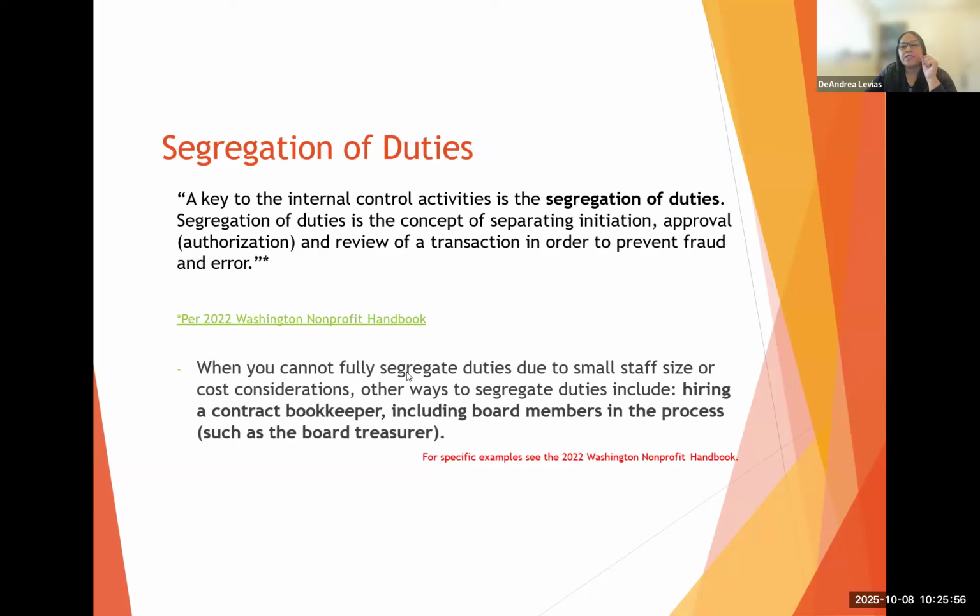When you cannot fully segregate duties due to small staff size or cost considerations, other ways to segregate duties might include hiring a contract bookkeeper, including board members in the process. And some organizations even have volunteers that they entrust to do some of their input and record keeping.